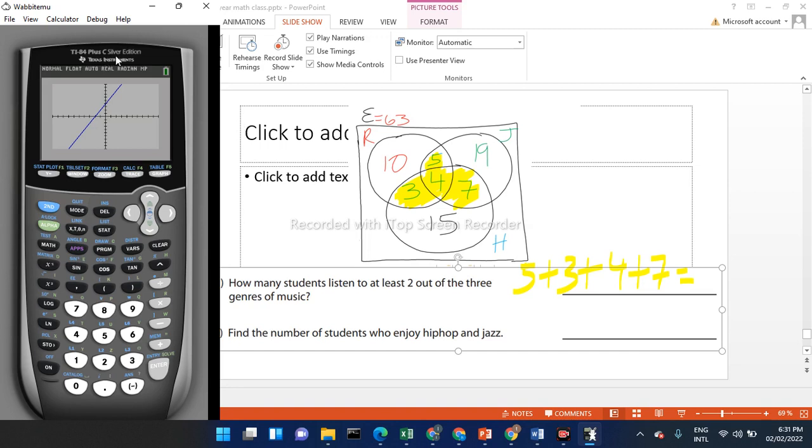It's a graphing calculator. Use the regular Oxford or Casio, something like that. Anyway, let's go back to our screen. So the answer is 19, right?